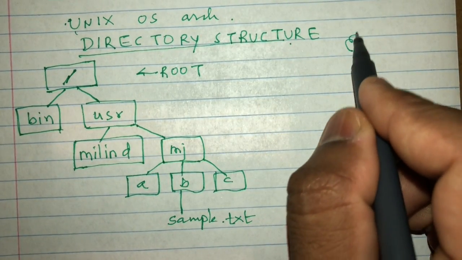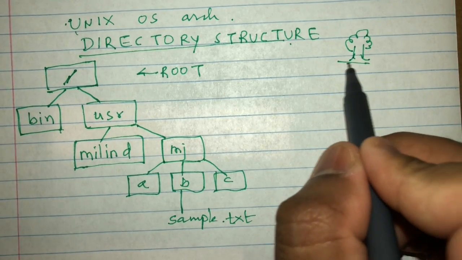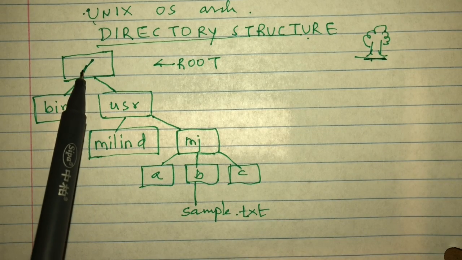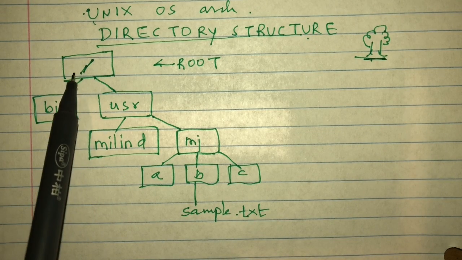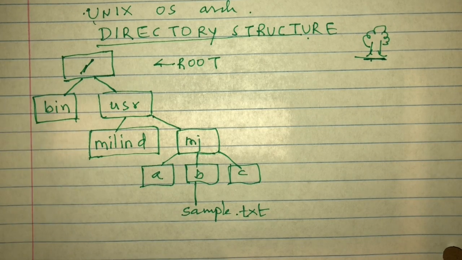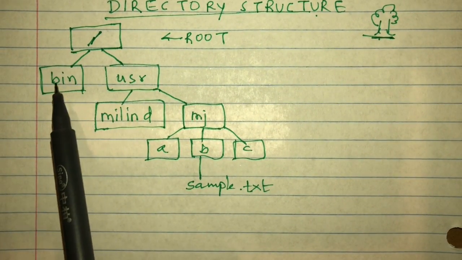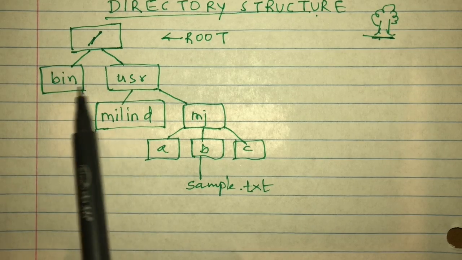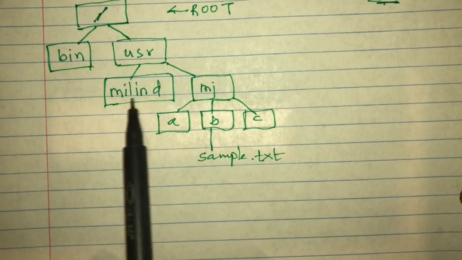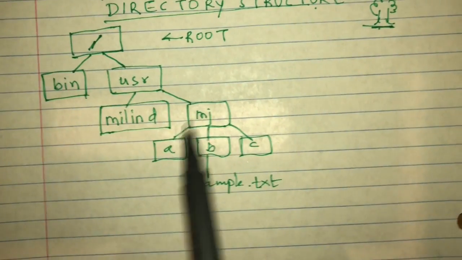My apologies for my bad drawing skills, where the root of the tree is at the bottom, whereas for Unix operating system the root is always at the top, and it's shown as the forward slash symbol that you are seeing right now. Now if that root directory contains subdirectories, then those will be shown like this. If they further contain subdirectories and subdirectories again and files again, then those are shown like this.